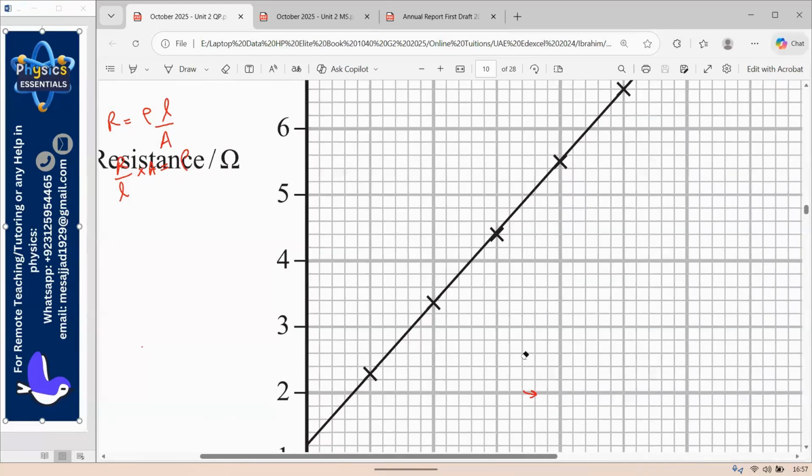Okay, so what I'm going to do is take two points, because it looks like it is exactly on the point, so I'm taking one of these points, and maybe one is like this point. Okay, this is the point.